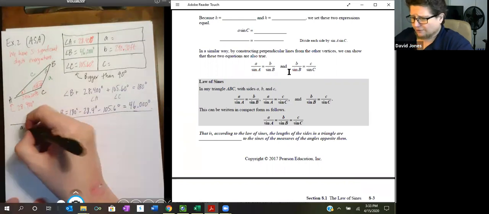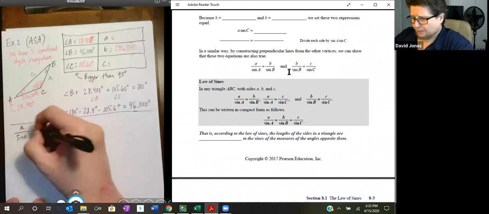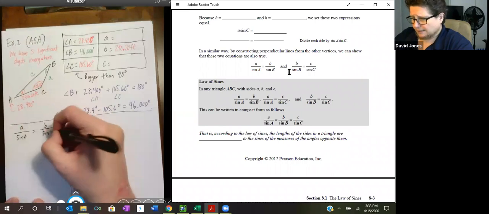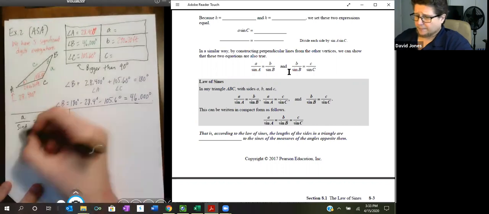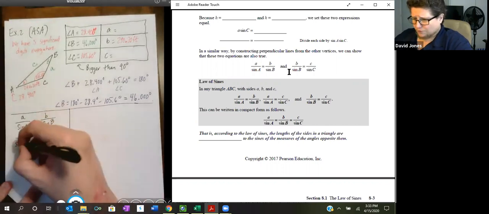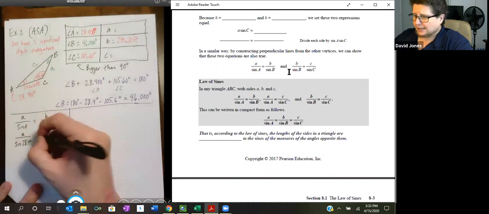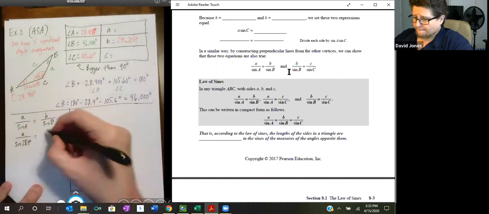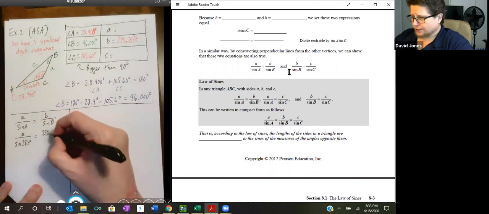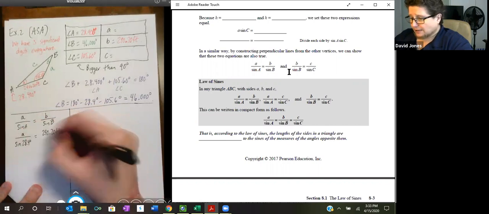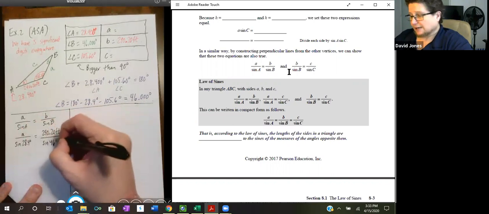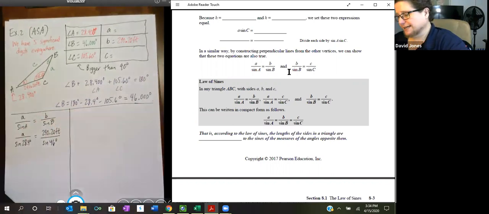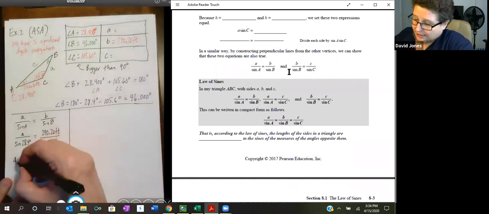So I've got A over sine A equals B over sine B. A over sine of 28.4 degrees equals B, which is 290.20 feet, over sine of B, which is sine of 46 degrees. I'm just going to go back to as few numbers as I can for now because it's easy to write. I'll put my solution in 5 digits.